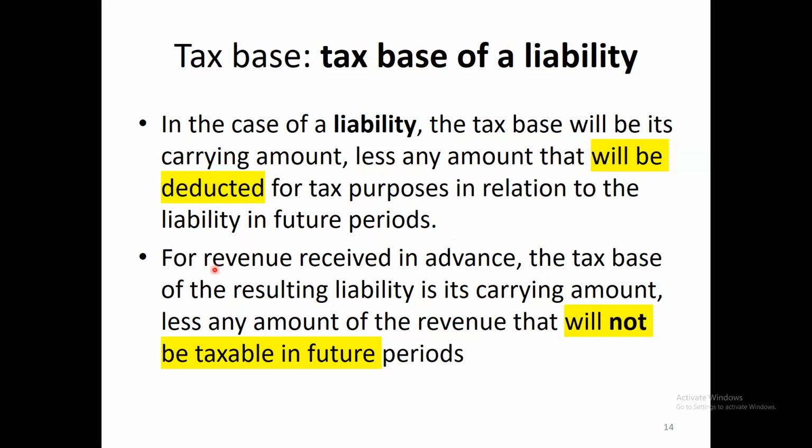But for revenue received in advance, as I explained earlier, the tax base of the resulting liability is its carrying amount minus any amount of revenue that will not, very important, be taxable in the future period.